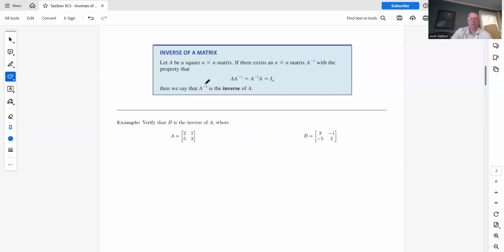So we're going to verify that B is the inverse of A. We're going to multiply A times B, and then we'll also multiply B times A, although if one way works, the other way will also work.